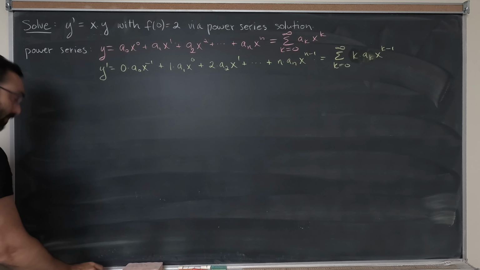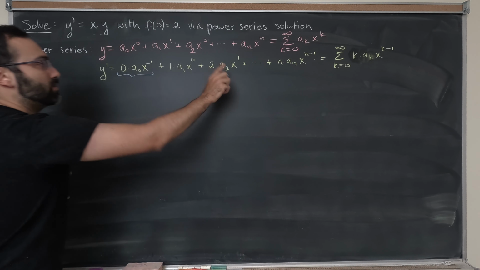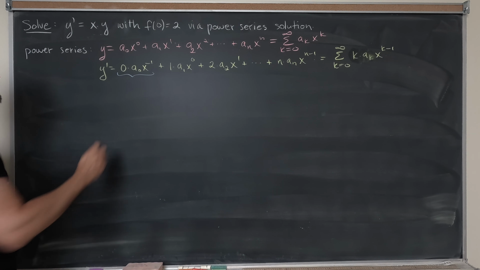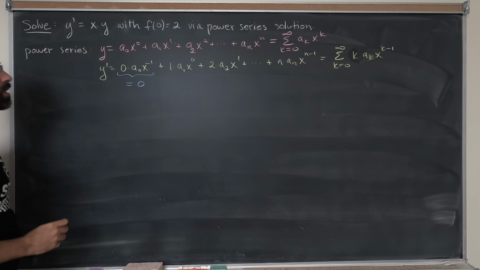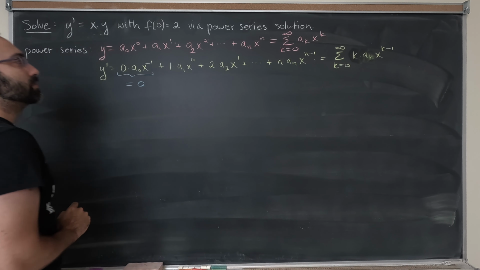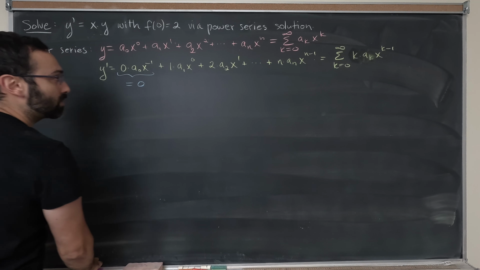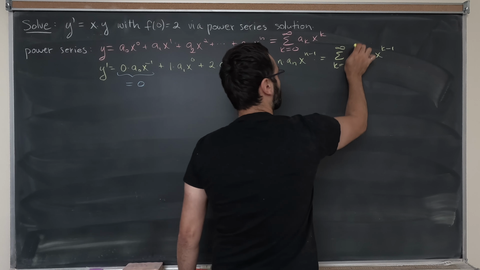However, notice this first term in this series within our derivative is just 0. So really, the amount of terms we have here is one less than what we have up here. So we could start our counter at 1.